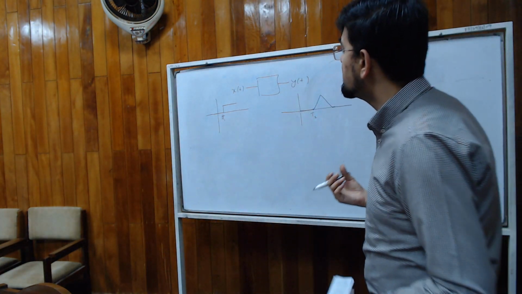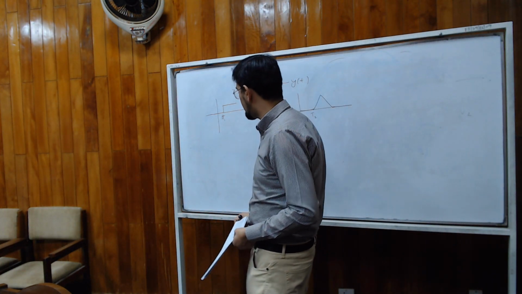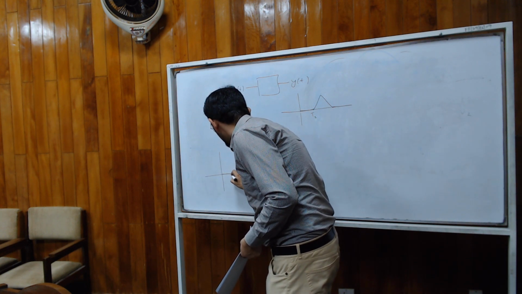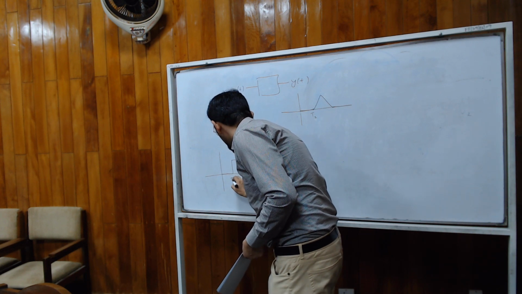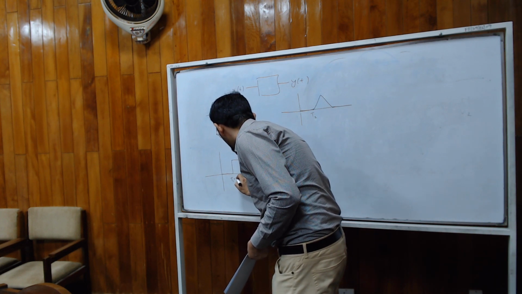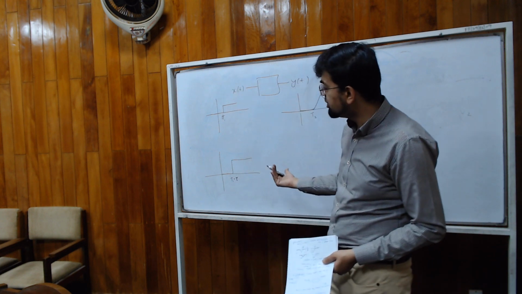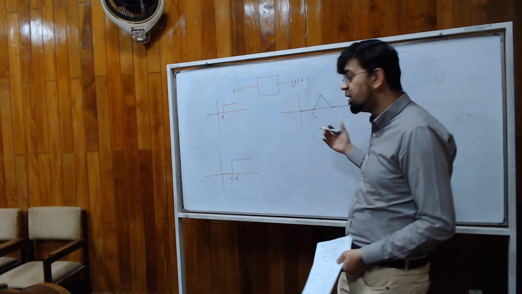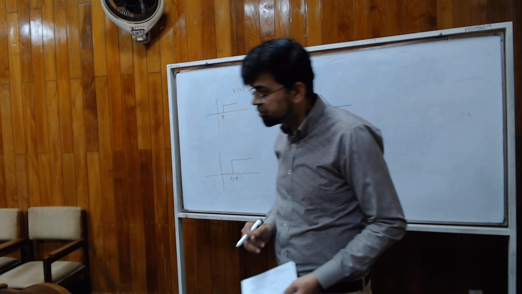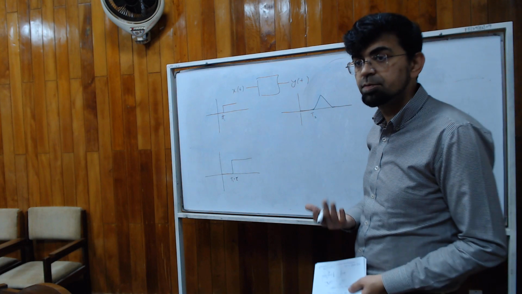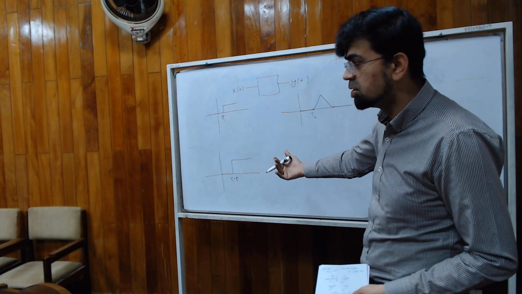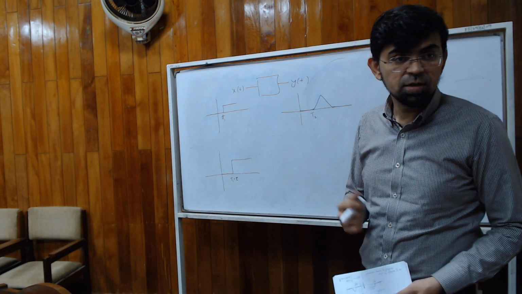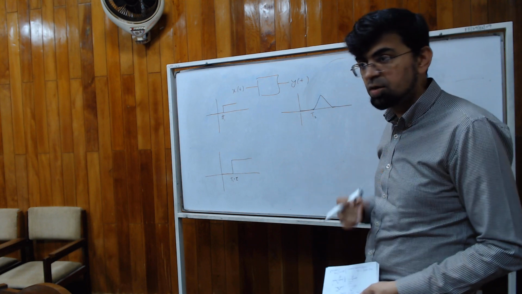So let's say I shift it to the right, t1 plus some small amount tau. Now I am giving the input a bit later. I shifted the input. What happens to the output? If I shift the input, is the output shifted equally or not?